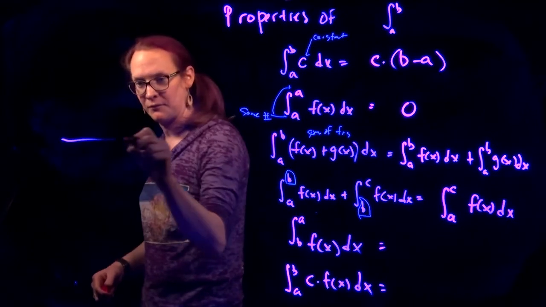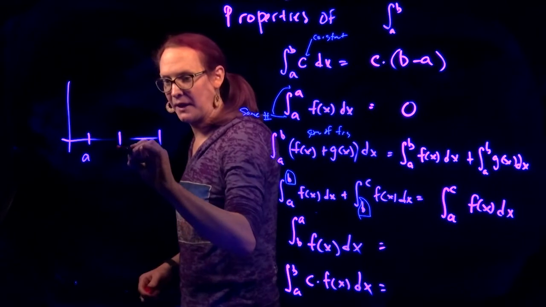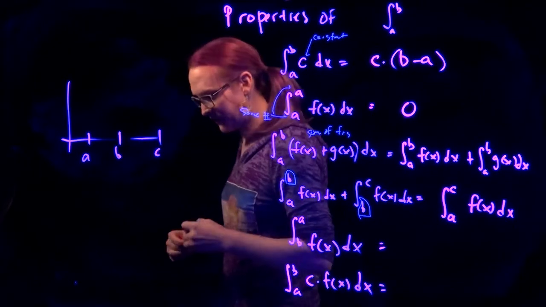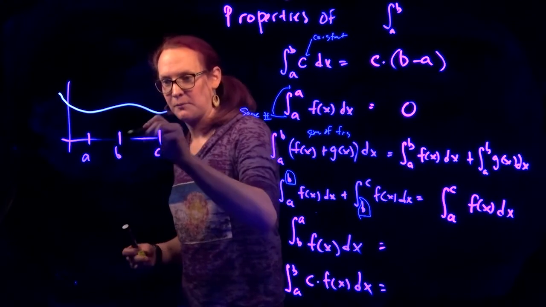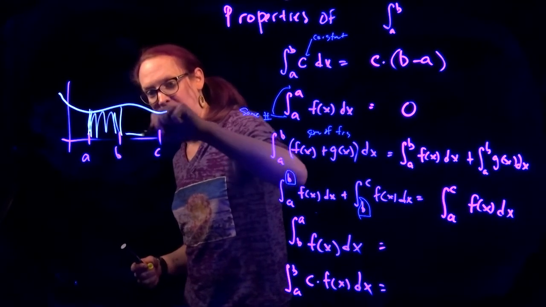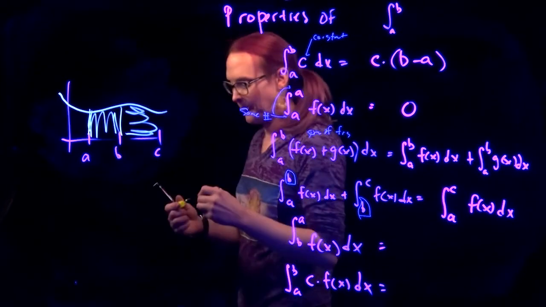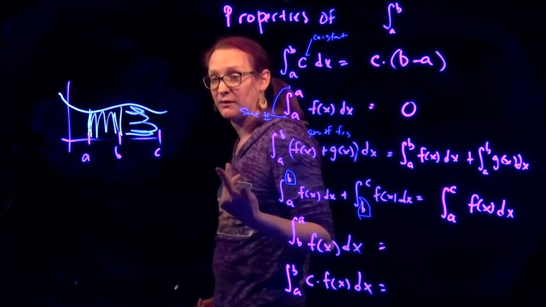Reason being, I've got an interval from a to b and an interval from a to c, and if I draw a function above this, and I draw this area right here, and then I take this area right here, I can add up that one plus that one, or I could just do it all at once, and I get the same number.